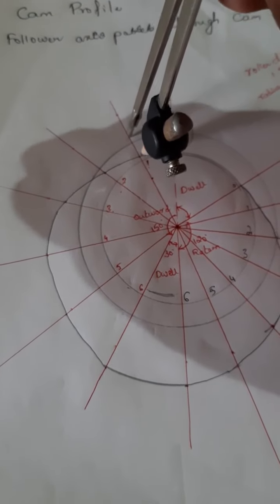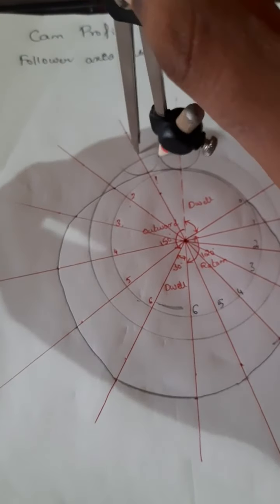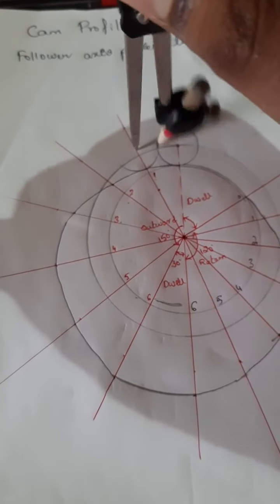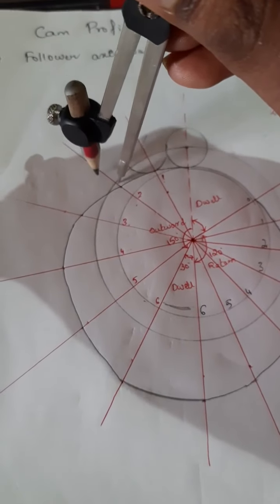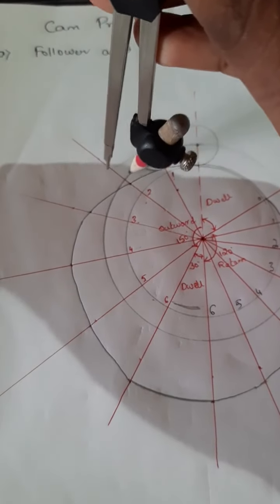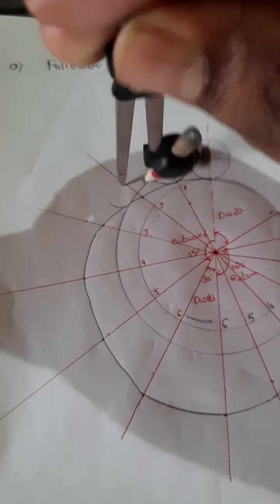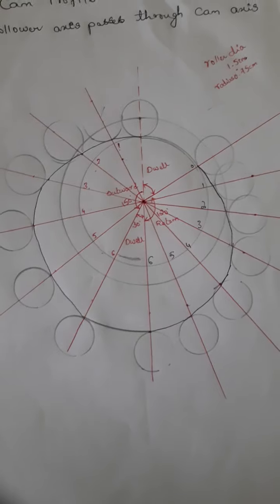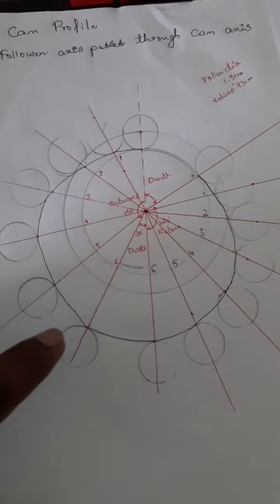Now after drawing the cam profile, draw simple rollers of 1.5 diameter, or 0.75 centimeter radius, on each of these radial lines.